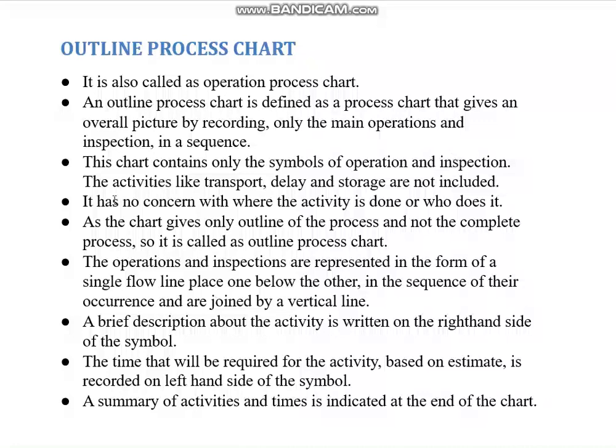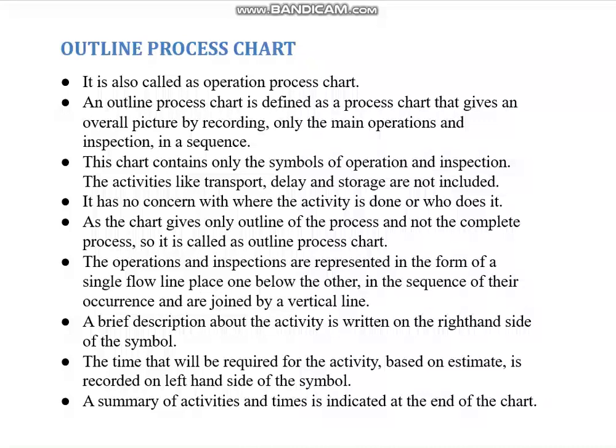The activities like transport, delay, and storage are not included in this outline chart. So it has no concern with where the activity is done or who does it. As the chart gives only an outline of the process and not the complete process, it is called an outline process chart. The operations and inspections are represented in the form of a single flow line.